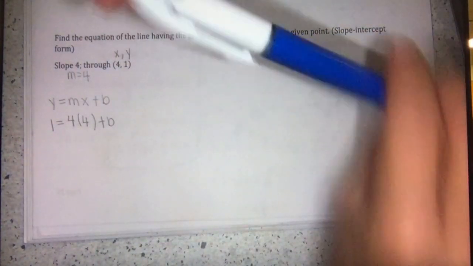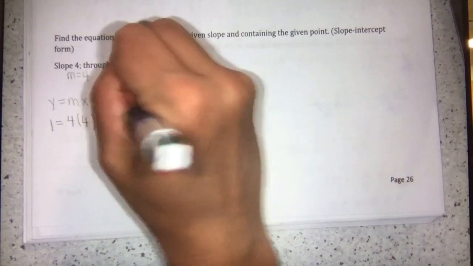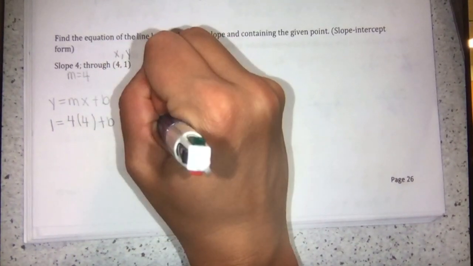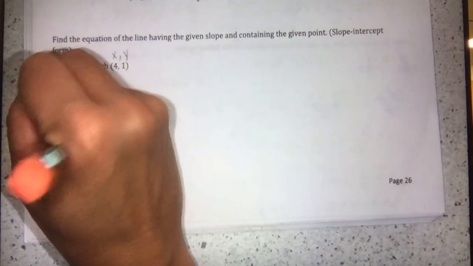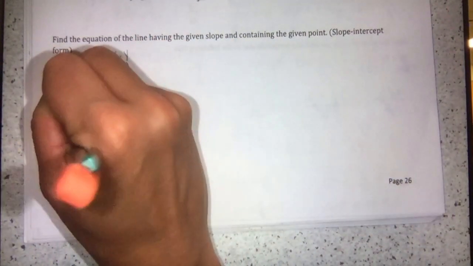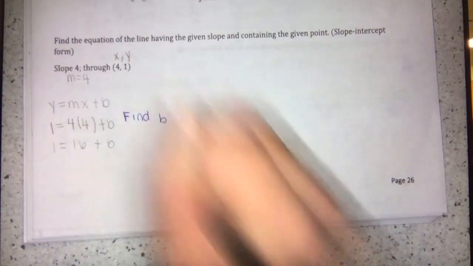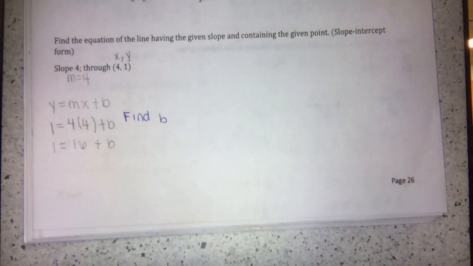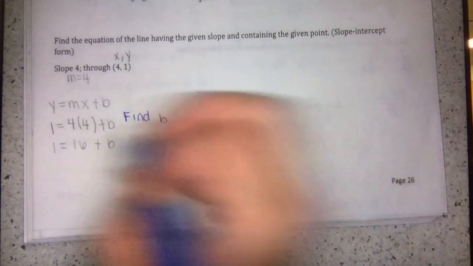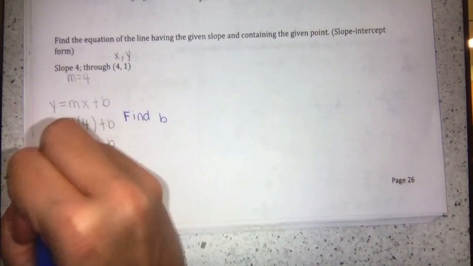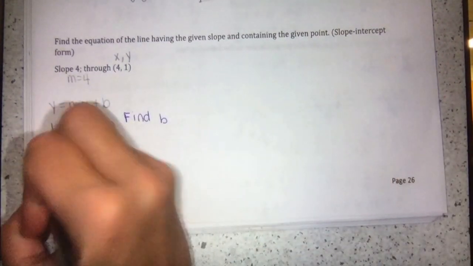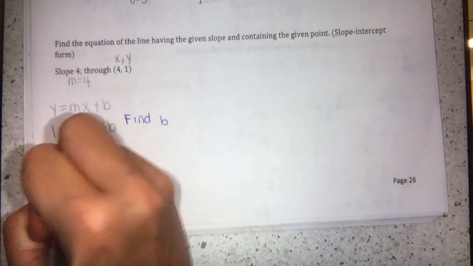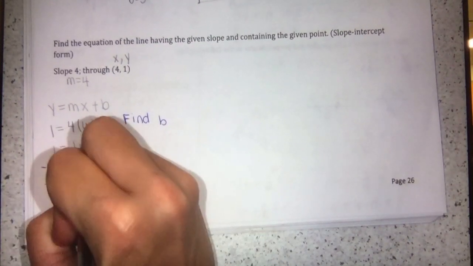We need to use what they have to find b. Simplifying this, 1 equals 4 times 4 is 16, plus b. Getting b by itself, I can subtract 16 from both sides. So 1 minus 16 is -15, equals b.